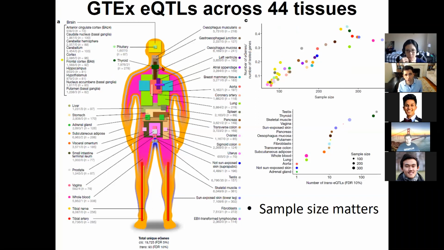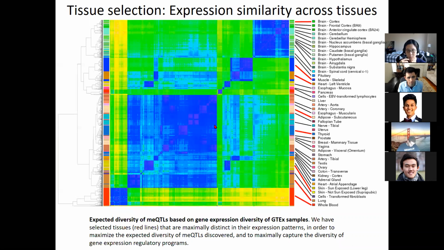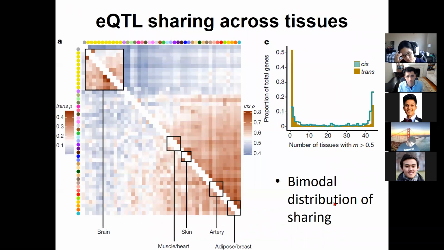So nearly every gene has some genetic control in very different tissues. You can also see how these cluster between different tissues and how much sharing there is in these eQTLs across tissue. You can see here a big block of sharing between different regions of the brain, and also other blocks between muscle and heart, and so on and so forth.